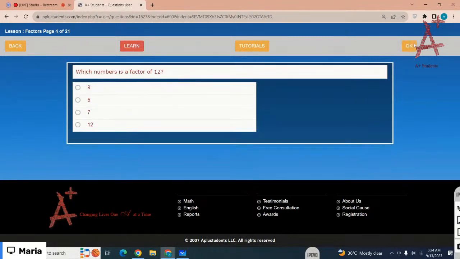Which number is a factor of 12? The only number that is a factor of 12 is, very good, that would be 12. So the correct option is 12.